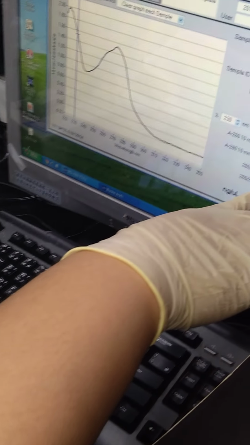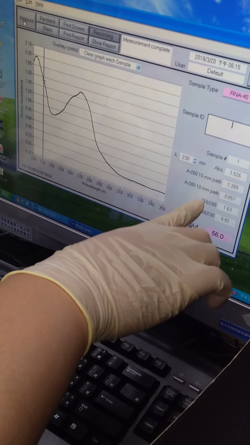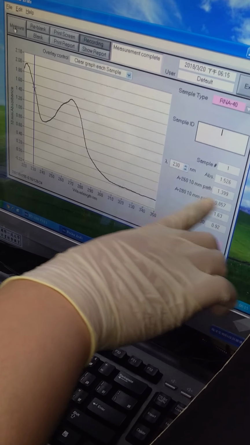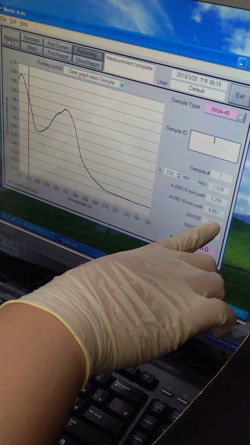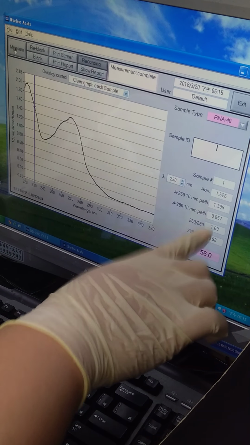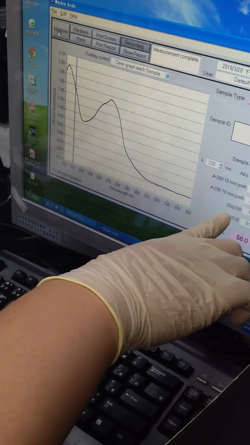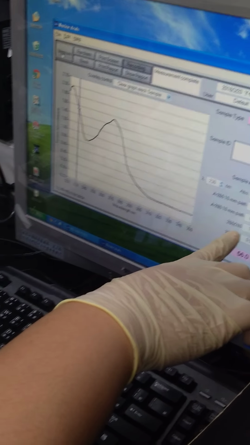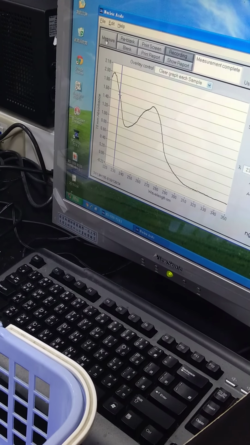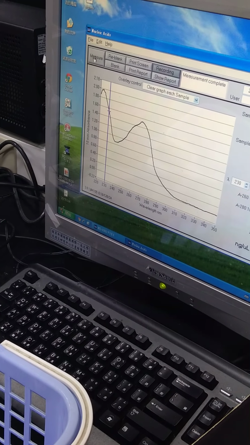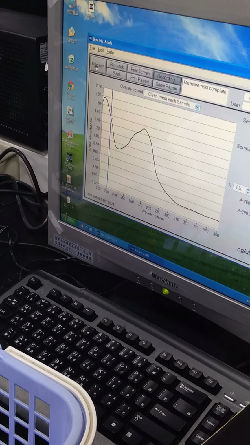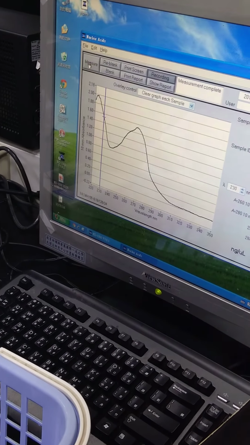Usually the result this time I see, this value is not very good, because usually the ratio between the 260 and 280 for better quality of RNA will be between 1.9 and 2.